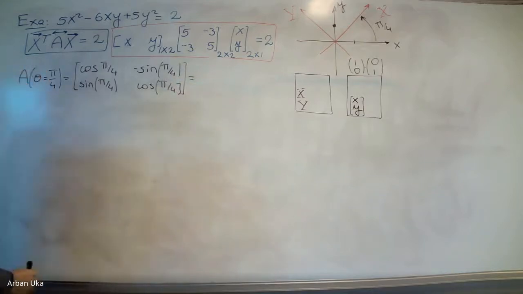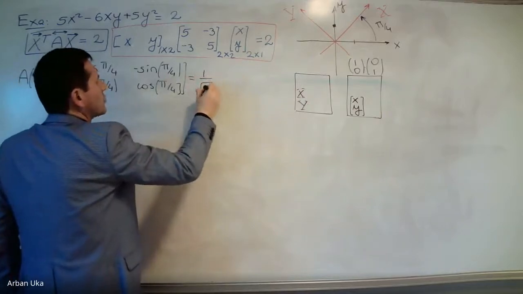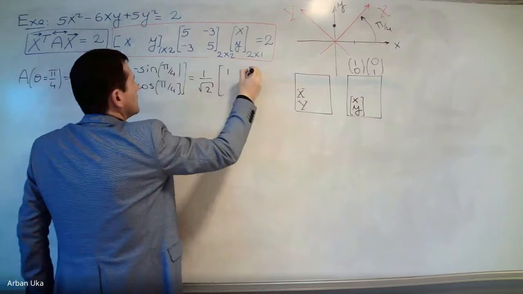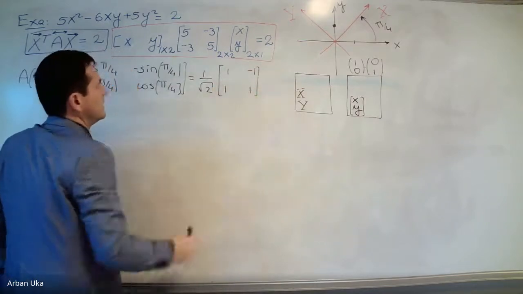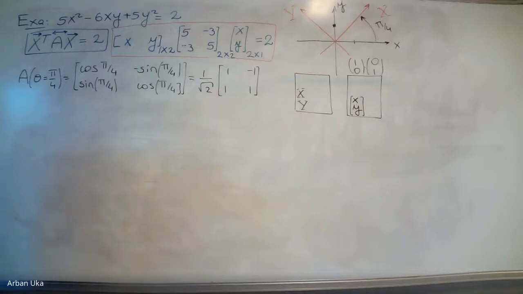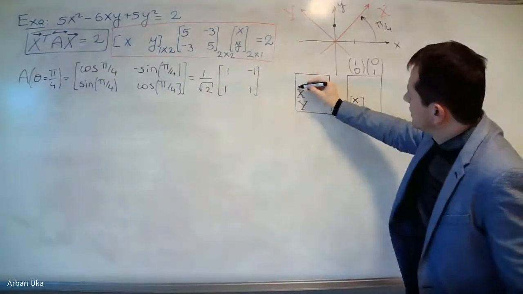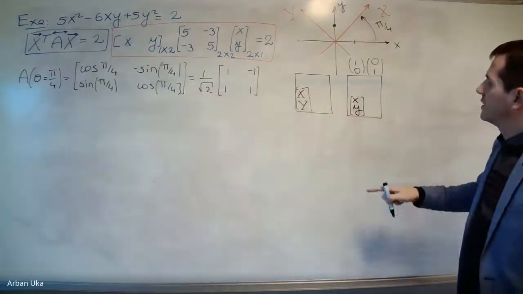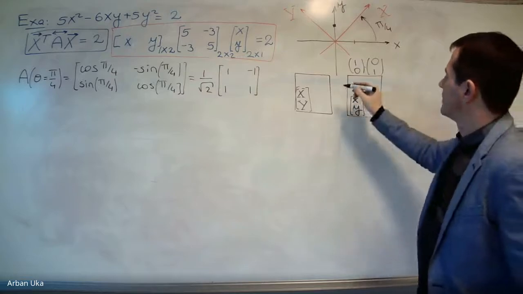What are these numbers equal to? We have 1 over square root of 2 times the matrix 1, minus 1, 1, 1. Okay? And then, who can help me with a relationship between the new coordinate system, which is capital X, capital Y, with the little x and y? How are these two related together?